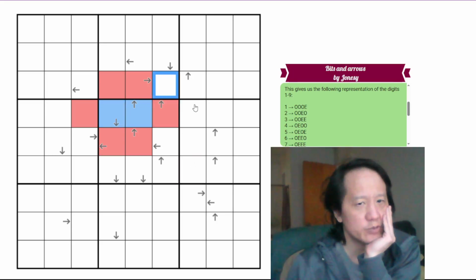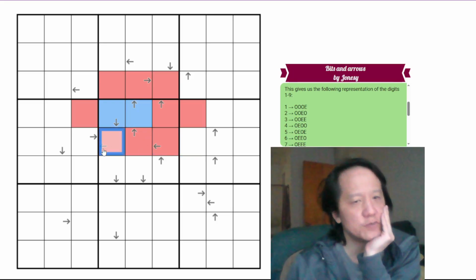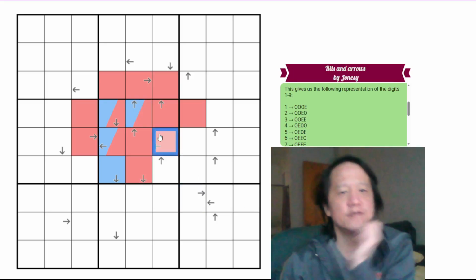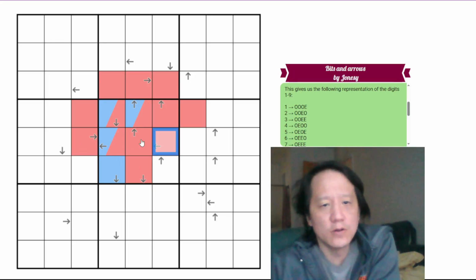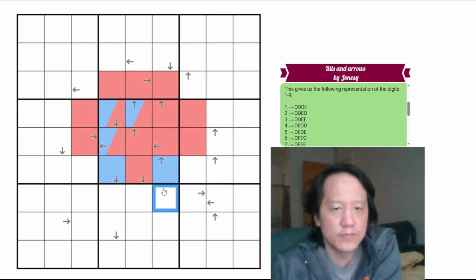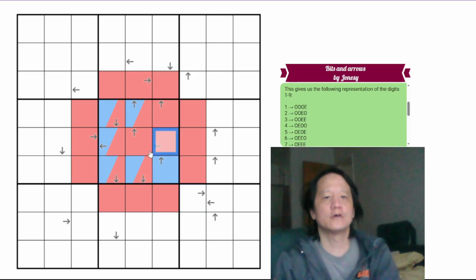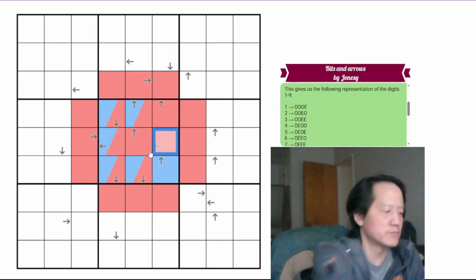The same goes for each of the other cells around the box: if this is 1, this would be odd, odd, odd, even. That doesn't really tell us too much.